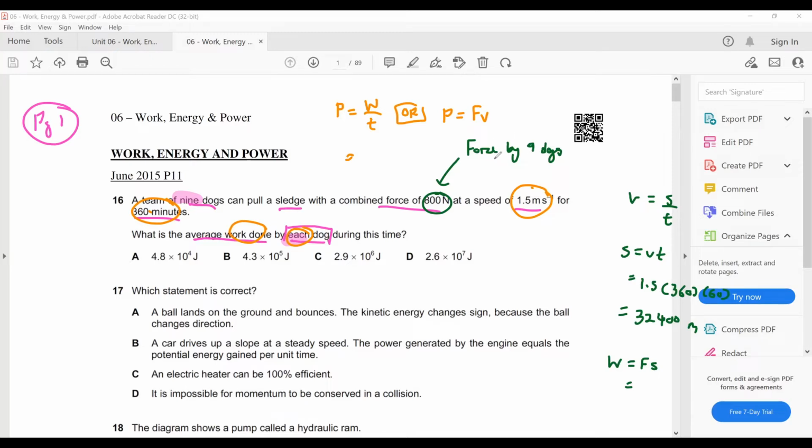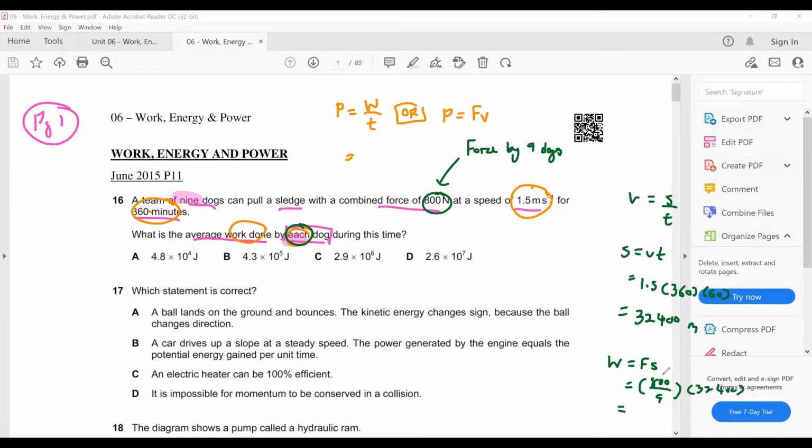If I want to find out the work done only for one dog, I will take 800 divided by 9, because I only want the force for one dog, then multiply by the distance moved.